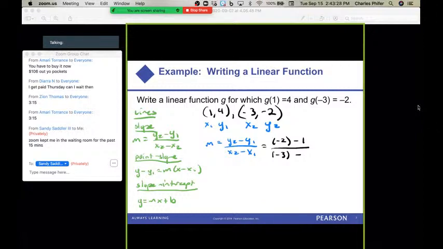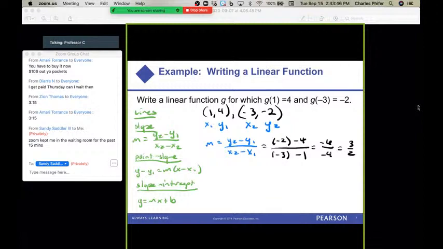Let's back up. y1 is 4, and x1 is 1. There we go. So then if we crunch these numbers, on top we get -6 divided by -4, which becomes a positive 3 over 2. So we have our slope.